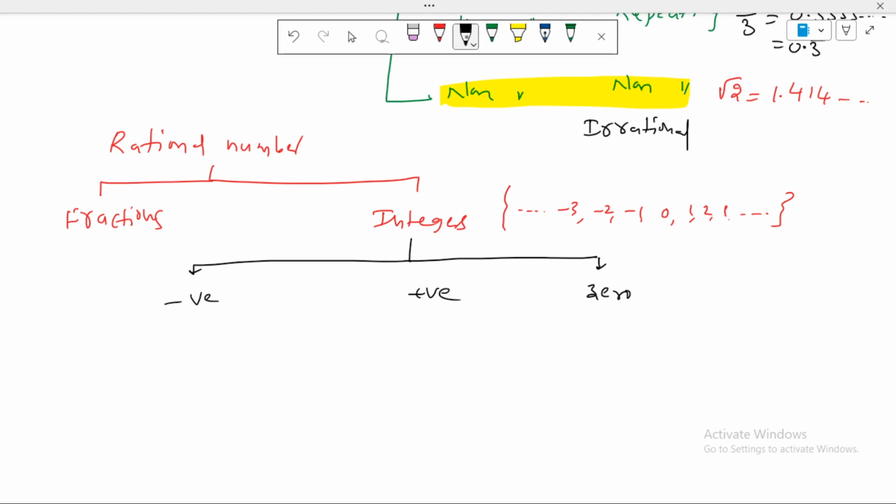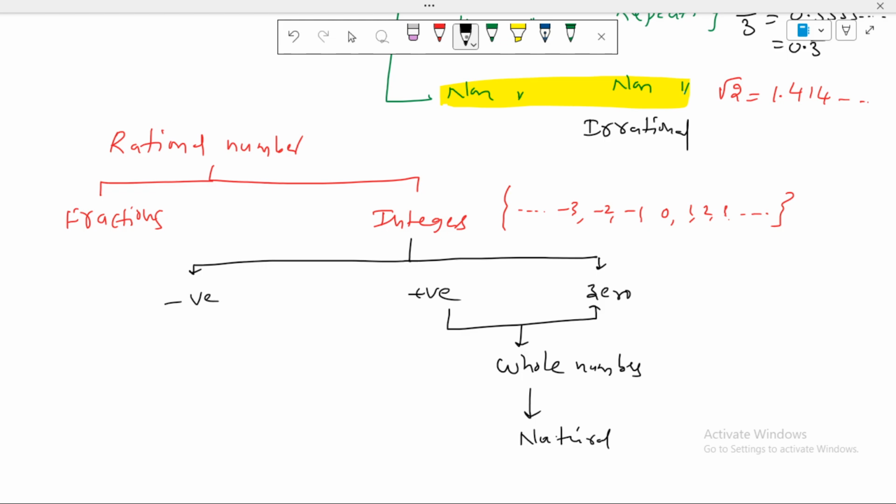We have positive integers, negative integers, and even 0. The combination of positive integers and 0 is called whole numbers. From whole numbers, excluding 0, you get natural numbers. So these are the different categories in the classification of numbers.